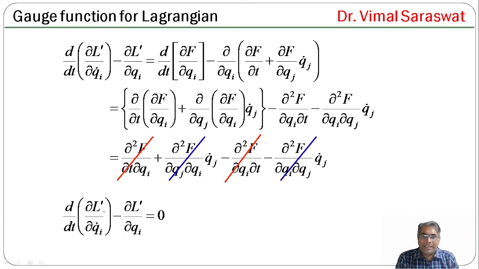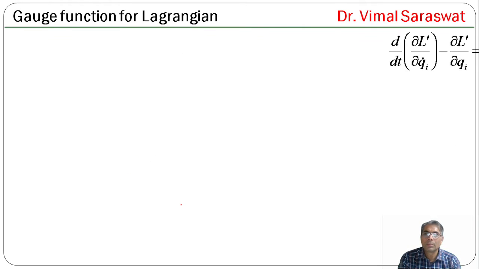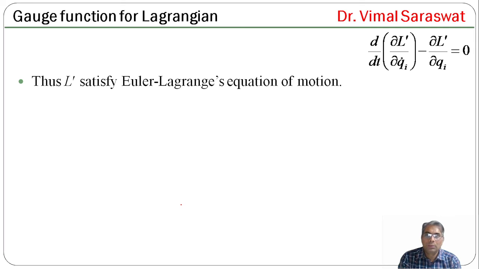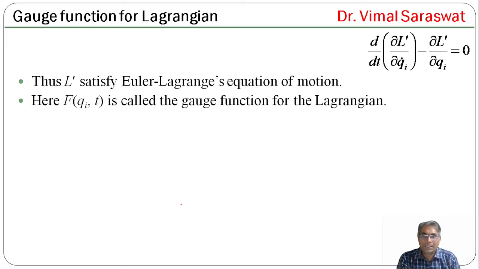So d/dt of ∂L'/∂Qi dot minus ∂L'/∂Qi equals 0. It means L' also satisfies the Euler-Lagrange equation of motion. Thus L' satisfies the Euler-Lagrange equation of motion. Here f is a function of Qi and t, and it is called the gauge function for the Lagrangian.